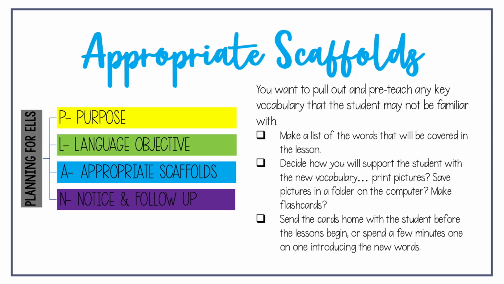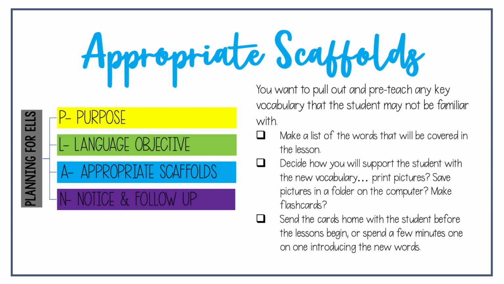We'd love to help. The third step in the lesson planning process is to choose appropriate scaffolds. When we work with all different levels of ELLs, it's a constant dance of choosing the right scaffolds to support, but not wanting to create dependent learners who need scaffolds.